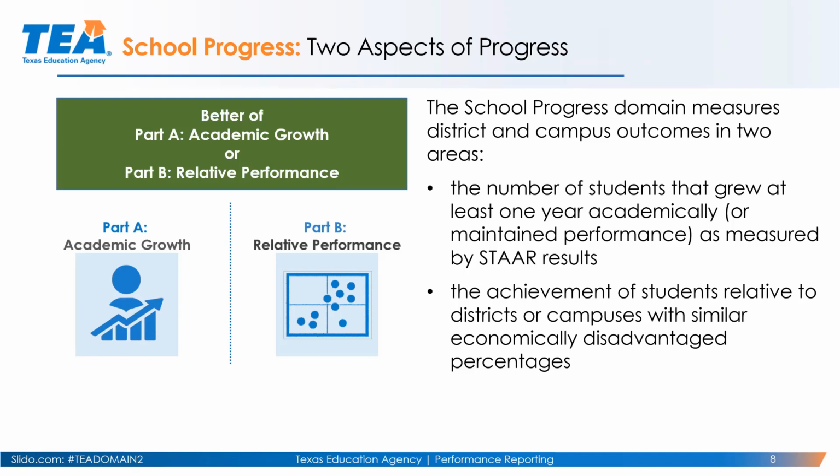Both Part A and Part B are evaluated and scored. The overall rating for the school progress domain will be the better of Part A, academic growth, or Part B, relative performance. So whichever is the higher result is what will be used for the overall score for the school progress domain for that particular campus and district.